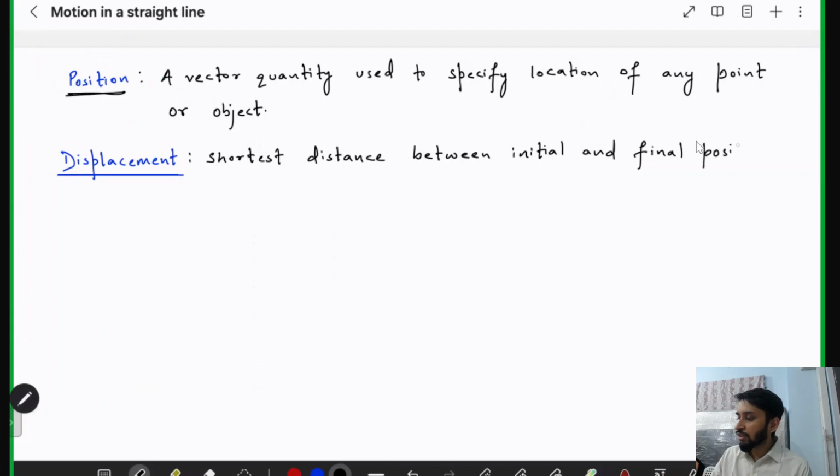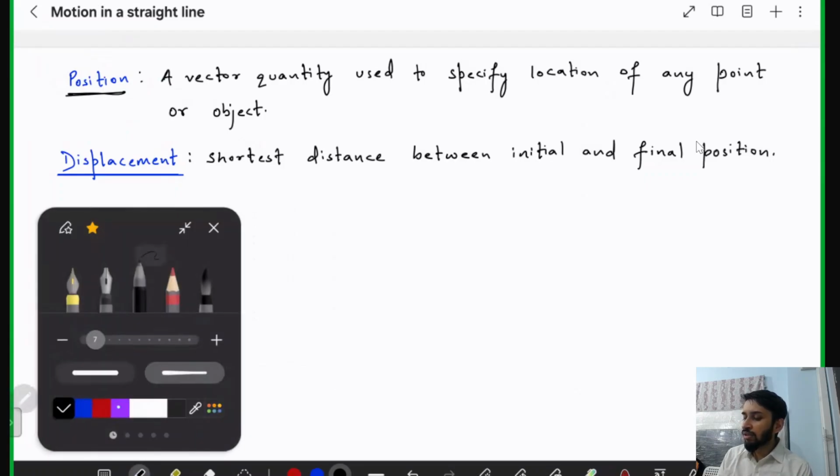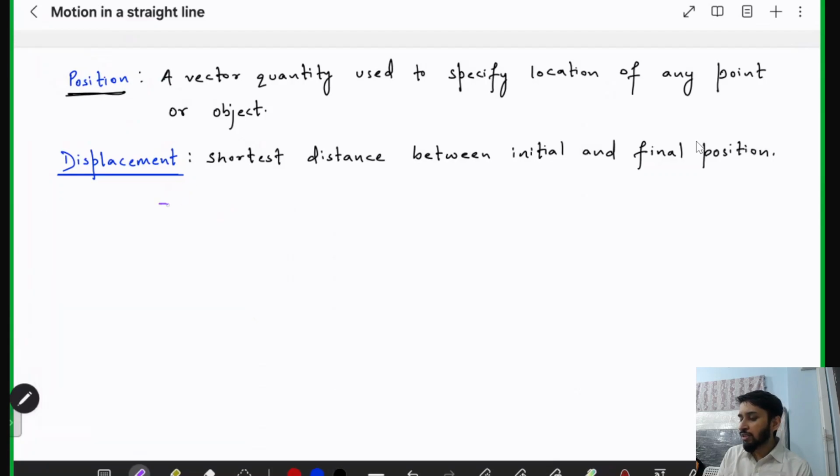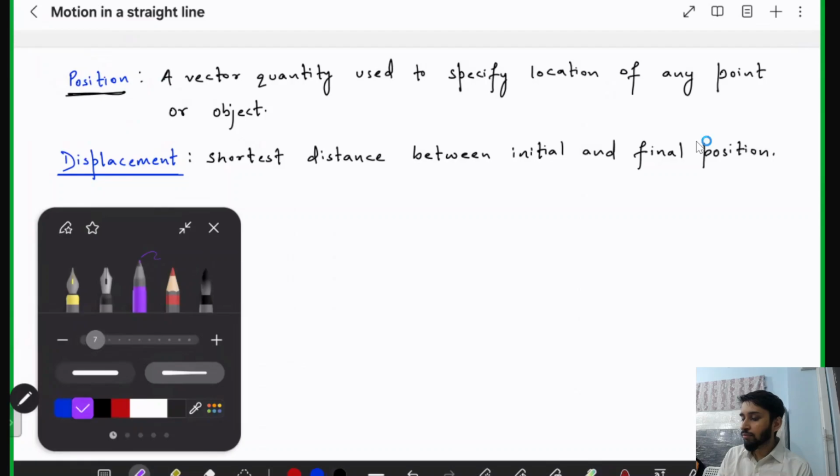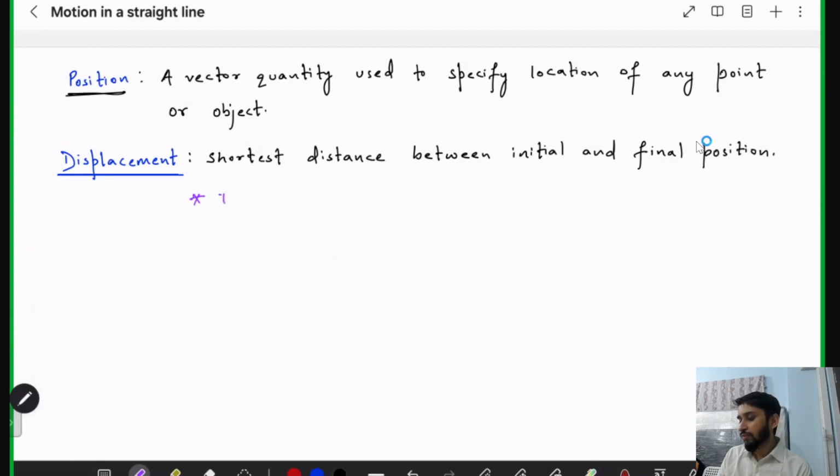Are you understanding what is displacement? It is the shortest distance between initial and final position, which is a straight line. The shortest distance between any two points is basically a straight line.